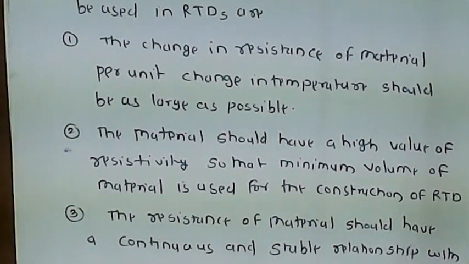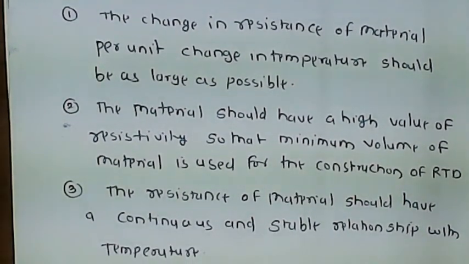The material should have a high value of resistivity, so that a minimum volume of material is needed for the construction of an RTD. The higher the resistivity, the lower the volume of material required for the RTD. So that is the second requirement: the volume should be low and the resistivity of the material should be high.